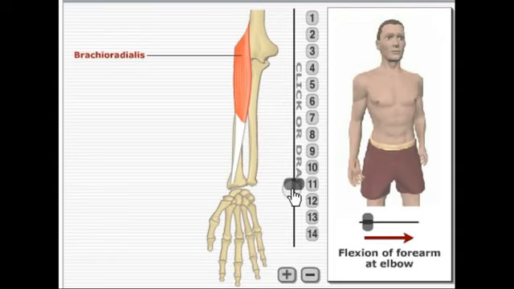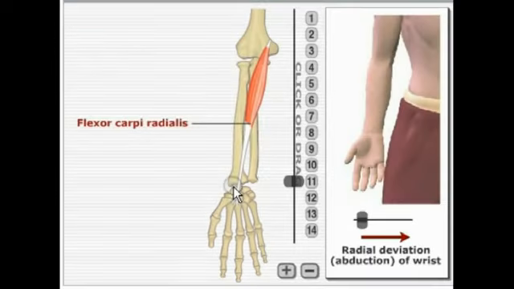It's going to perform the action of flexing a semi-pronated forearm. Next, we have flexor carpi radialis. It originates on the medial epicondyle of the humerus and inserts into the metacarpals number 2 and 3. The action, it does flexion of the wrist and it does abduction of the wrist.